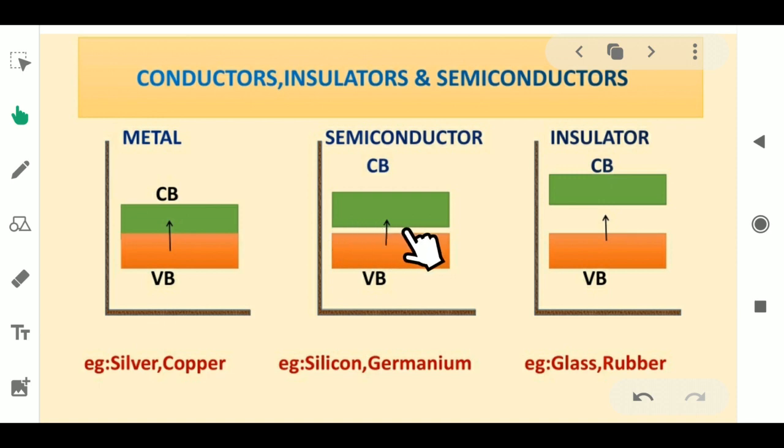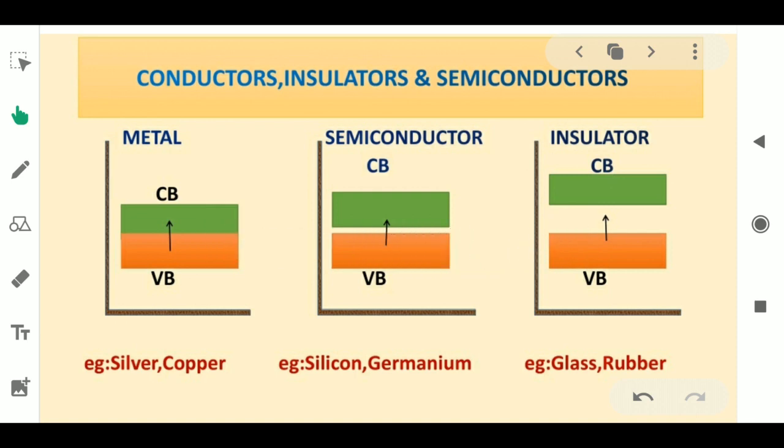Even then, whenever we apply this external potential to the semiconductor, the valence band electrons are able to move towards the conduction band because this gap is very small. That is why the conductivity of a semiconductor is less than that of a conductor but greater than that of an insulator.